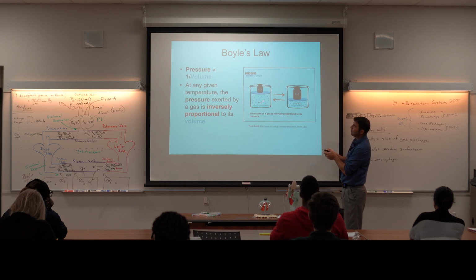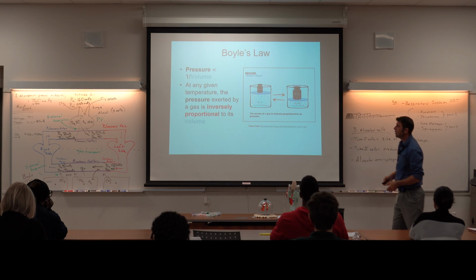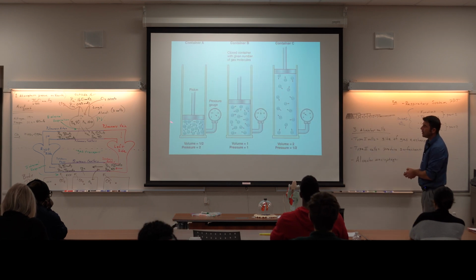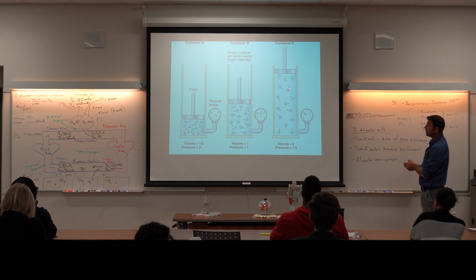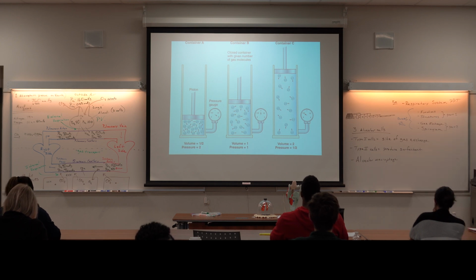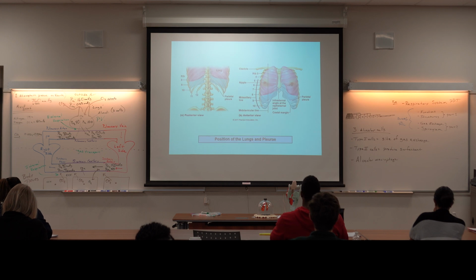If we increase volume, we can do that, but it's going to come at the cost of pressure decreasing. Same thing that we're seeing here in the much more compressed space. So as volume decreases, pressure increases. And here we've got the most volume, we've got the lowest amount of pressure. So Boyle's law is always this inverse relationship. It again is just showing how we play these lungs like accordions.